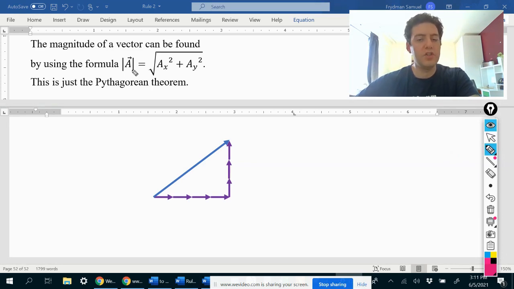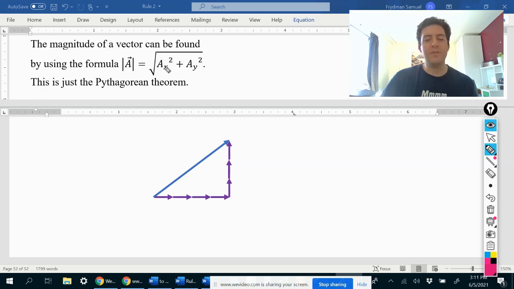These two lines here just mean that we're talking about the magnitude of vector A. In other words, we want to know how long vector A is. That's what our goal is by using this formula. To get that, we're going to take the square root of the x component squared plus the y component squared.